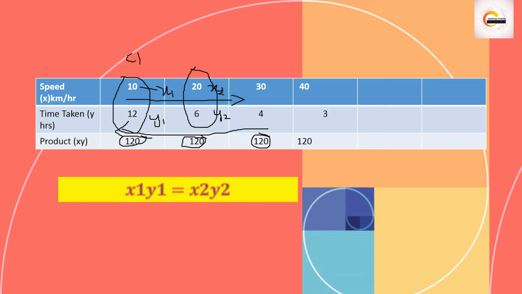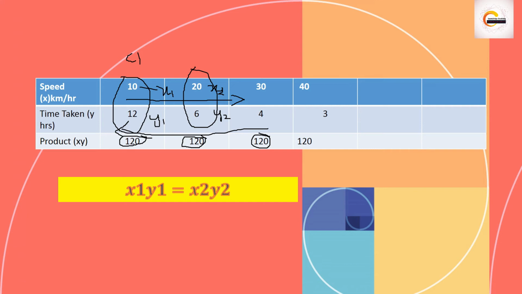So what product is the same? The product of 10 multiplied by 12 is 120, and 20 multiplied by 6 is 120. So we can write this as x1 into y1 equals x2 into y2.